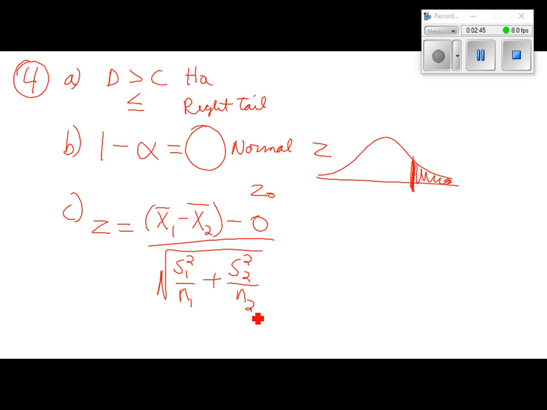So that's the formula that you use on that part to find your Z score.